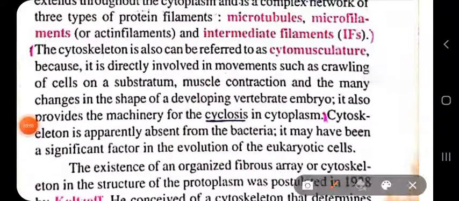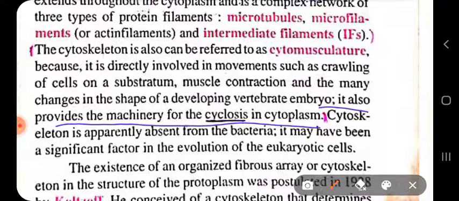Now, this cytoskeleton also provides the machinery for cyclosis in the cytoplasm. What is cyclosis?